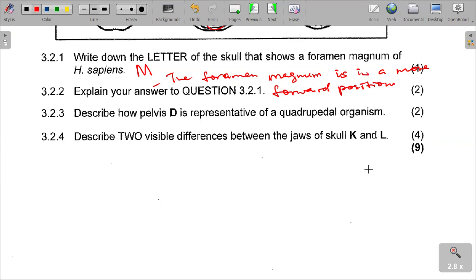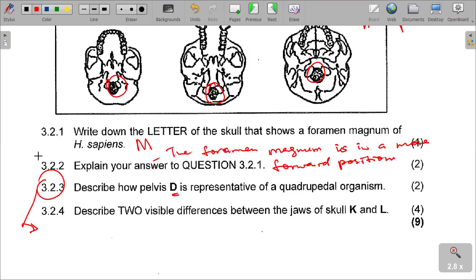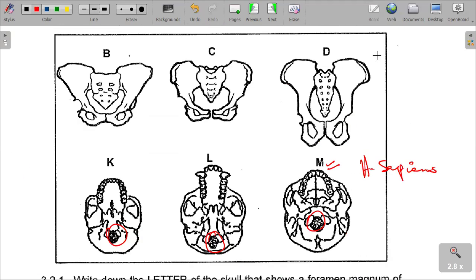Describe how pelvis D is representative of a quadrupedal organism. It is the pelvis of D. How can we say that it is quadrupedal?